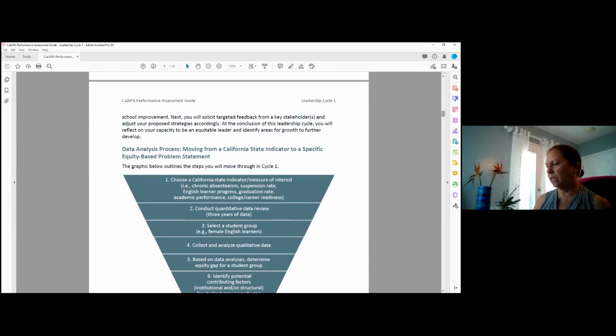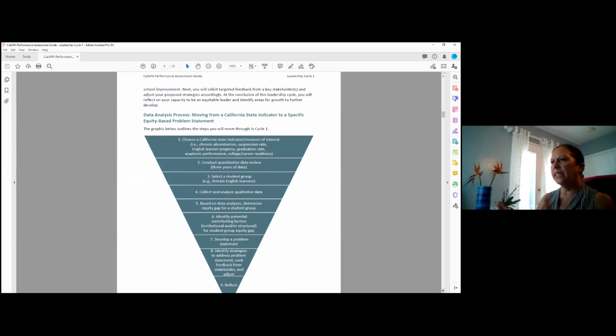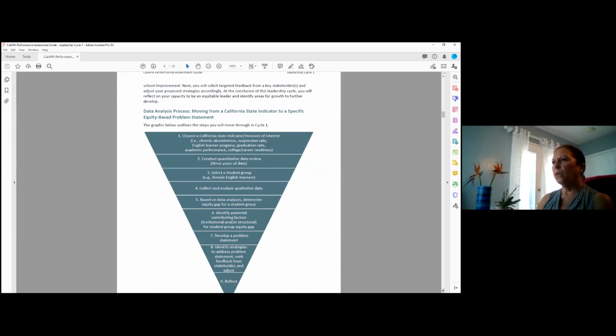And we come to this pyramid, this upside down triangle that takes us from the broadest perspective down to the point of work that we will engage in with the candidate. And again, I keep saying engage in with the candidate because candidates should never do this work alone.